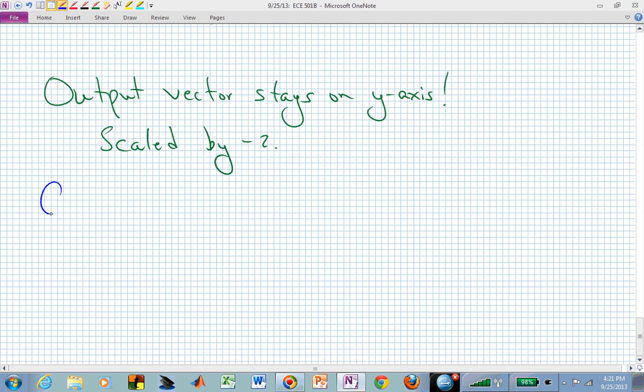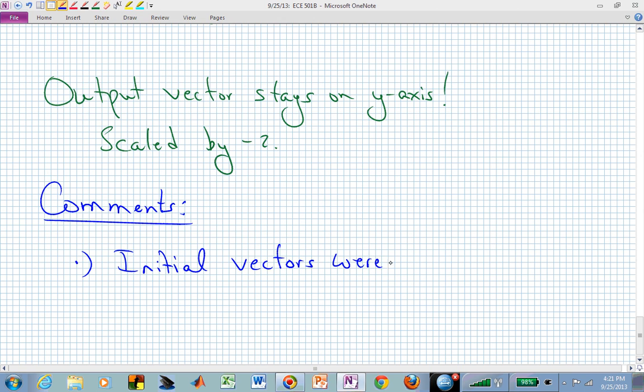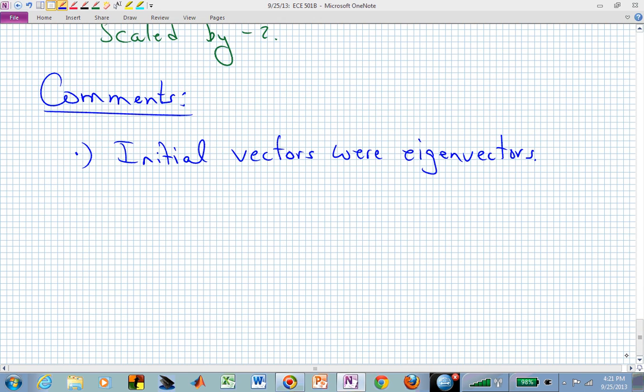If we make some general comments from this sort of trivial example, we can say that the initial vectors we started with were actually eigenvectors. They behaved like what we said an eigenvector needs to behave like.